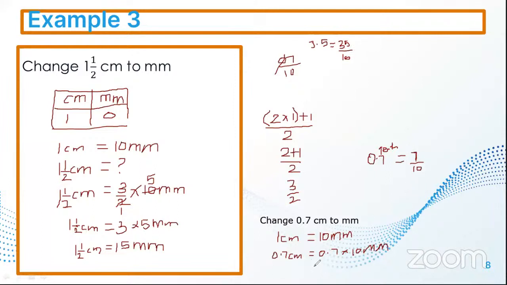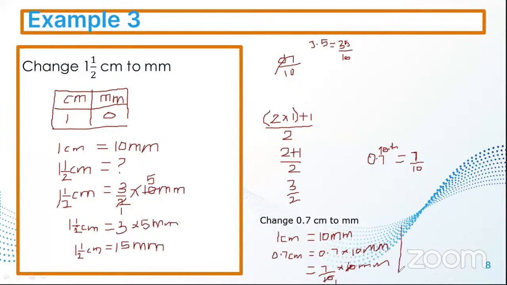So you come back here and say, now 0.7 is the same as 7 out of 10. So 7 out of 10, multiply it by 10 millimeters. Are you seeing? So you can divide 10 by 10, so that you remain with 1 here and here also 1.